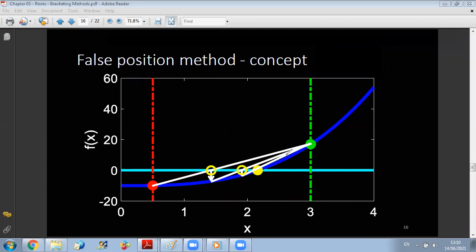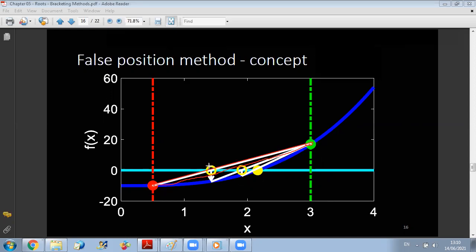You know why? Because imagine that your function is nearly linear. It means that when you join the 2 points by a straight line, you will be very close to the root. Because if your function was linear, in one iteration you can get the root. So if I have an exactly linear function, I don't need to do iteration.